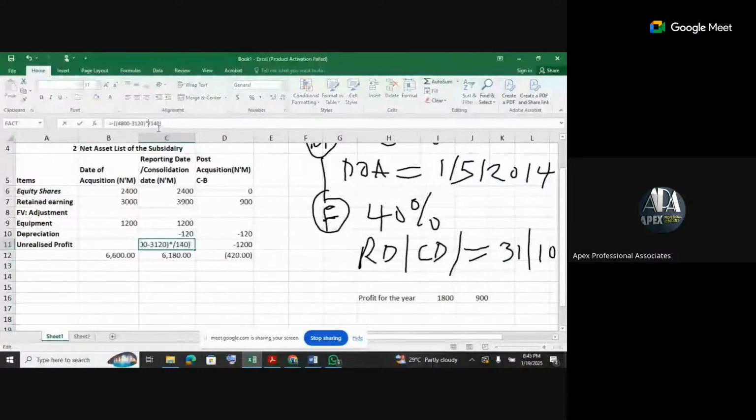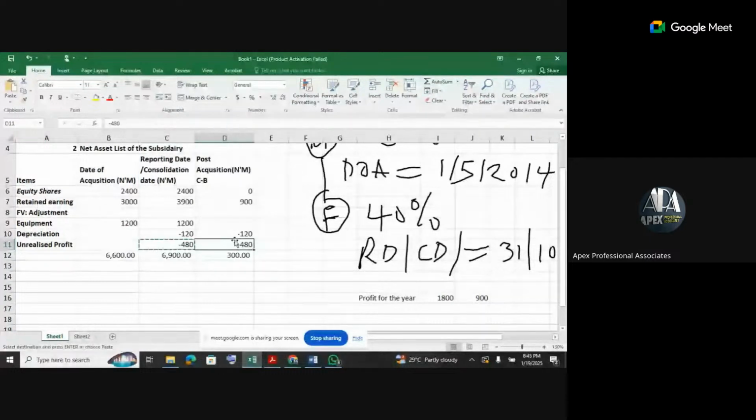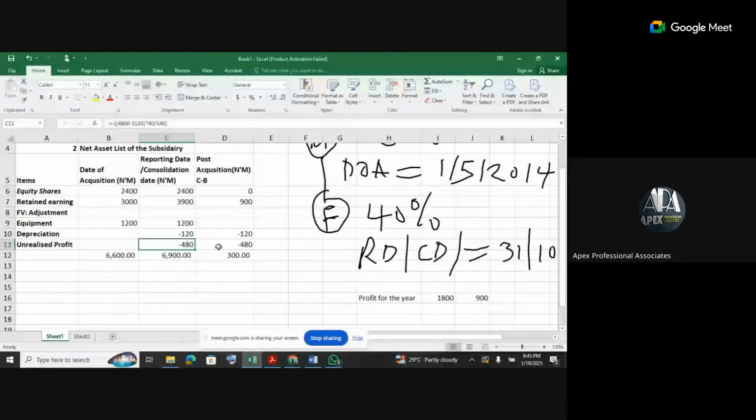Okay, yes, what's the 40? It is 40 over 140, which is the percentage. It's supposed to be 40 over 140. Not 100. Yeah, that's it.